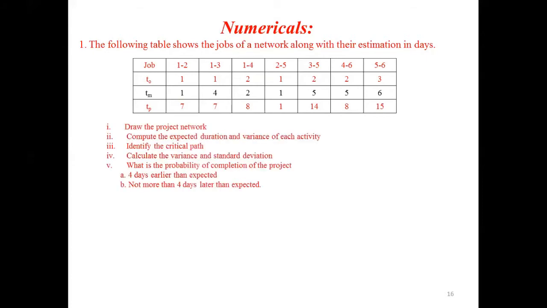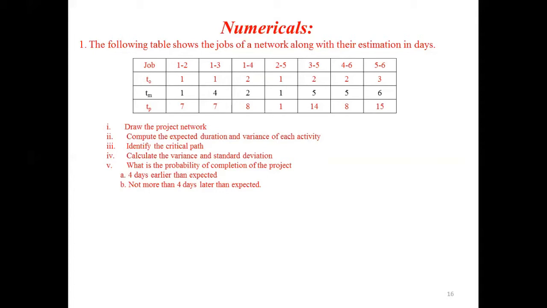You need to draw the project network. Second, compute the expected duration and variance of each activity. That means you have to calculate the expected duration of the project and variance of each activity, that is sigma square. Then next, you need to identify the critical path in the network.